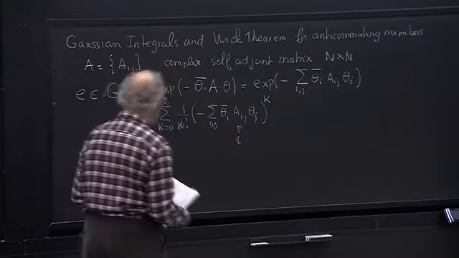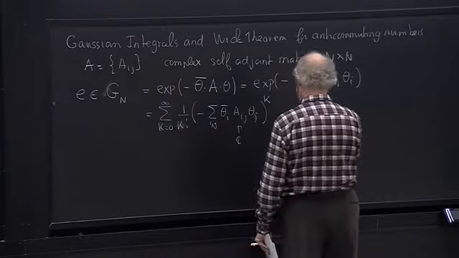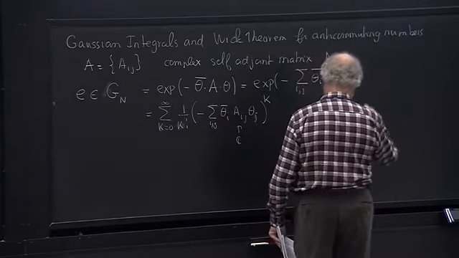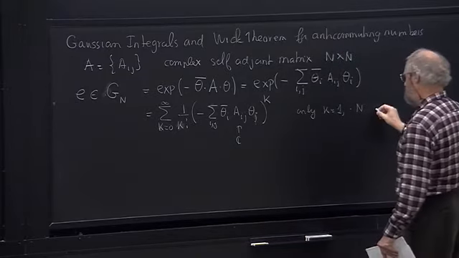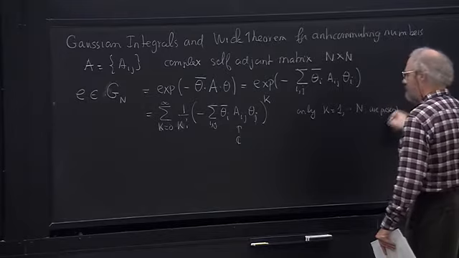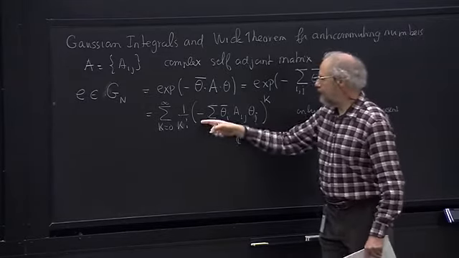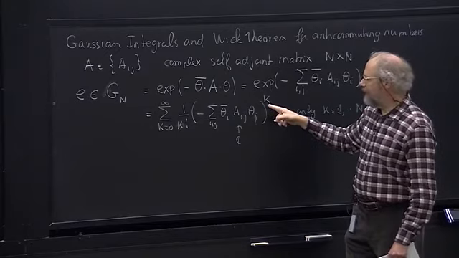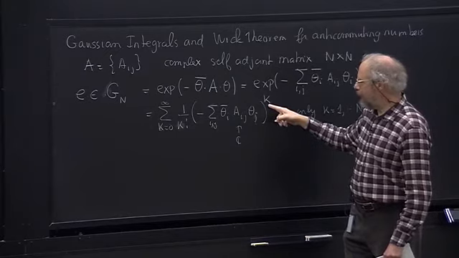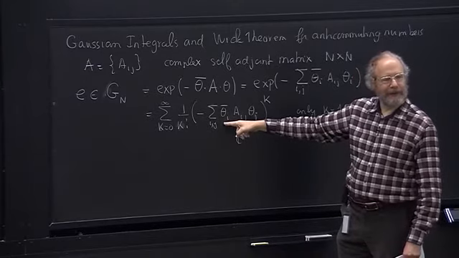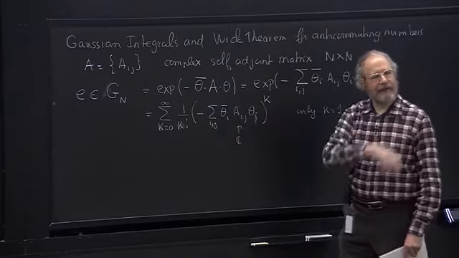And you can see very easily that only the terms k from 1 to n are present. Because as soon as you have more than n products, you are going to have necessarily at least twice the same theta or the same theta bar in the product, and it vanishes.